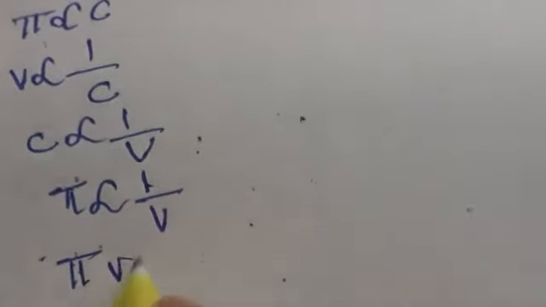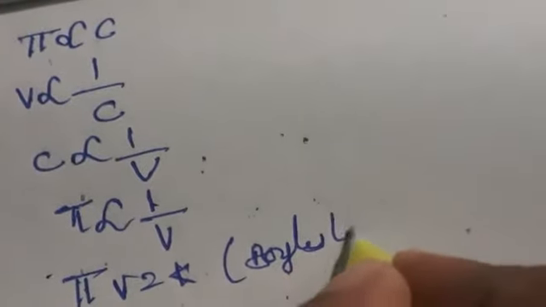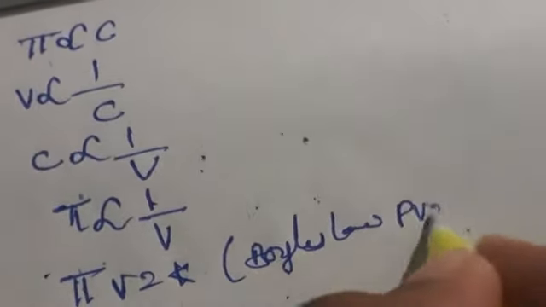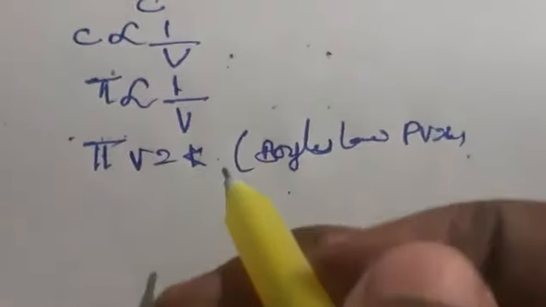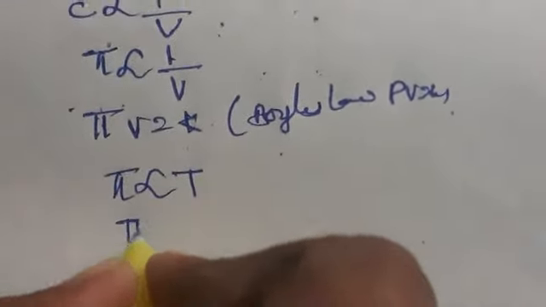Pi V is equal to a constant, since Boyle's law. What do you mean by Boyle's law? PV is equal to K. Same like that we have got. Coming to Charles' law, what do you mean by Charles' law? Pi is directly proportional to T, pi is equal to KT.